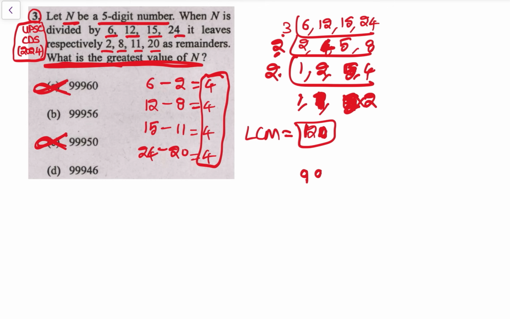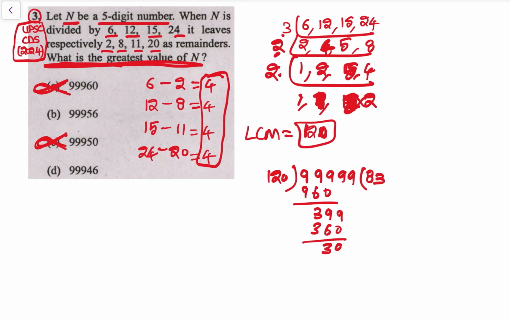See, the greatest 5-digit number, 99999, divided by 120. So 120 8s are 960, then 399, then 3s are 360, remainder 39.